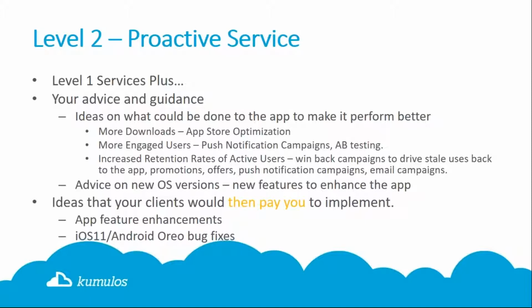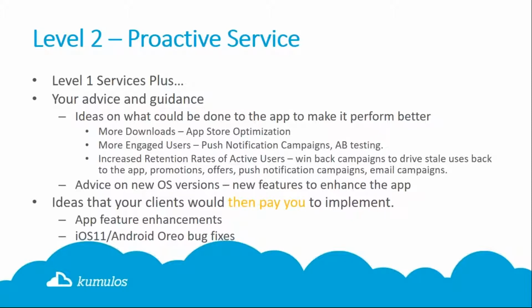If things are changing and you need to look at how you can add additional features into the app, maybe from the MVP roadmap, or most recently, Android Oreo and iOS 11 launching, and the potential bugs that might have come into the app as a result of the underlying operating system change, you would then be saying to them, that's out with our standard warranty period, or with whatever service package you have in terms of the stability of the code base that you shipped at the point where the app went live.